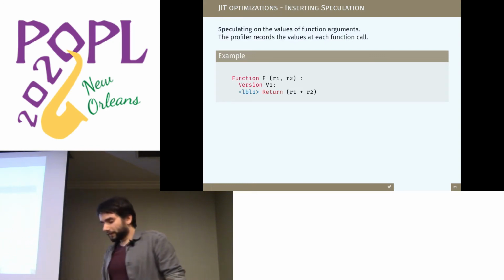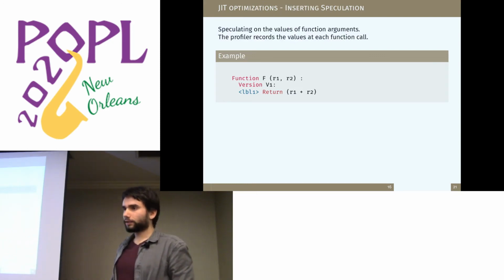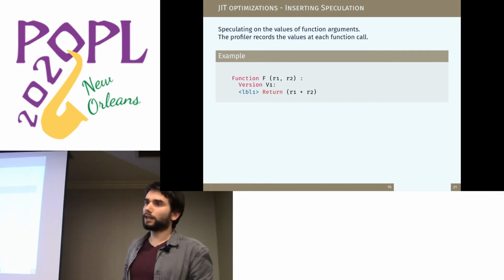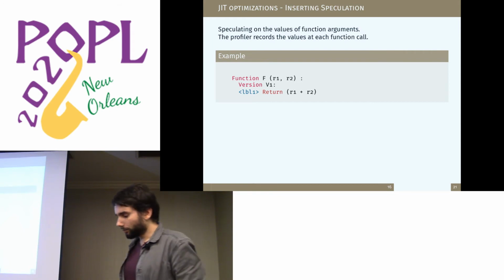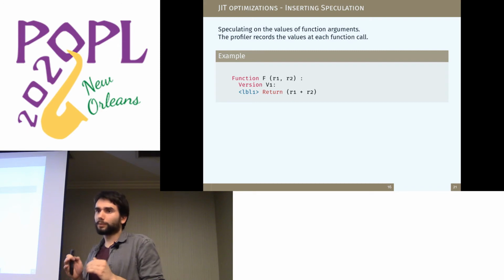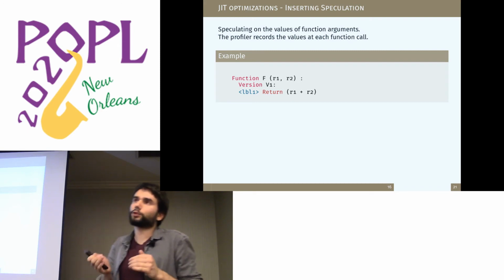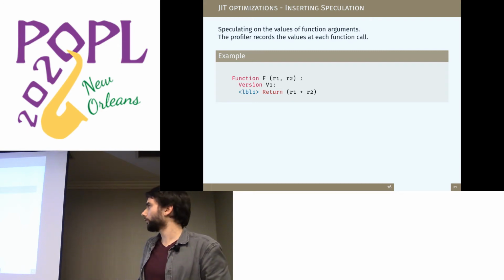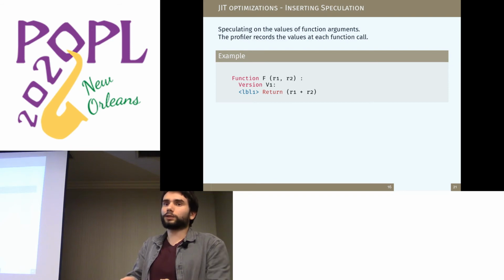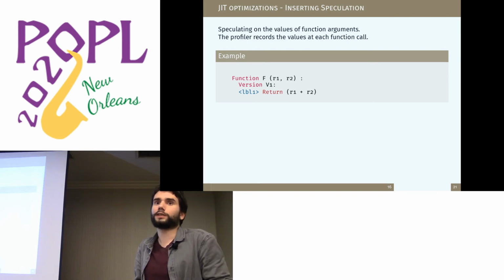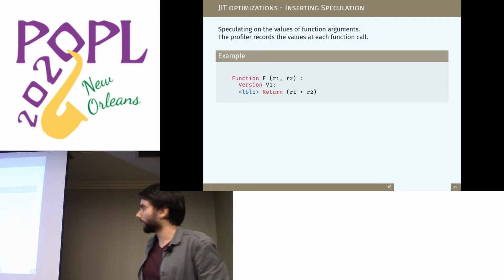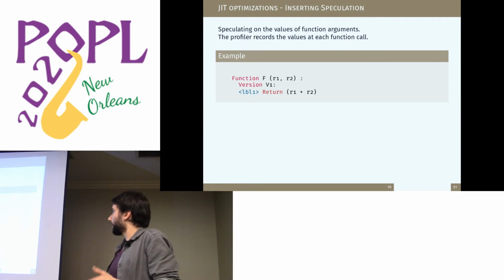Once we have this intermediate representation, we can start adding a few optimization passes in our middle end. In many modern JIT compilers, the first optimizing pass is not really optimizing, but rather inserting speculation points. So first, what you want to do is add the point where we're going to do speculation and then decide if we need to de-optimize or not. We're doing this quite simply by just speculating on the value of function arguments.